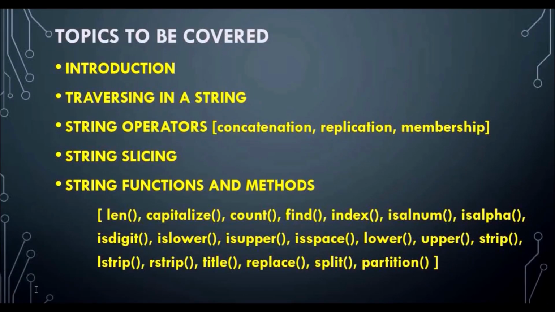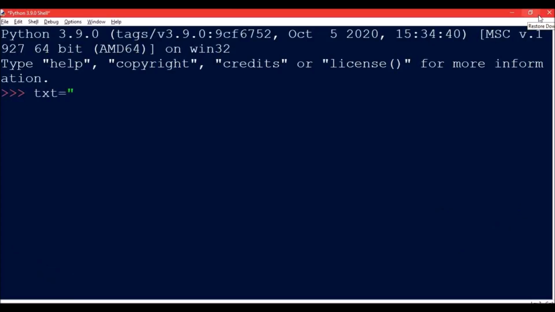The last method is partition. Partition also splits the string, but it splits the string at the first occurrence of the separator and returns a tuple. If I take a string txt and then I write txt dot partition. Now in split, if we don't pass an argument, then it will work, but in partition we have to specify an argument over here.